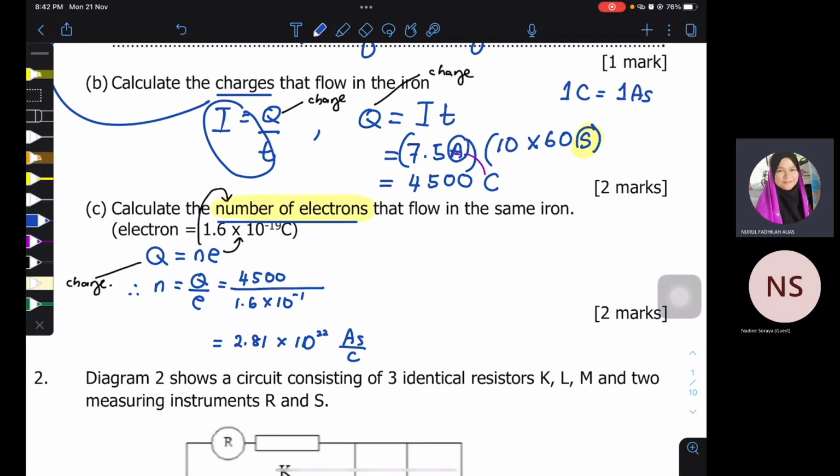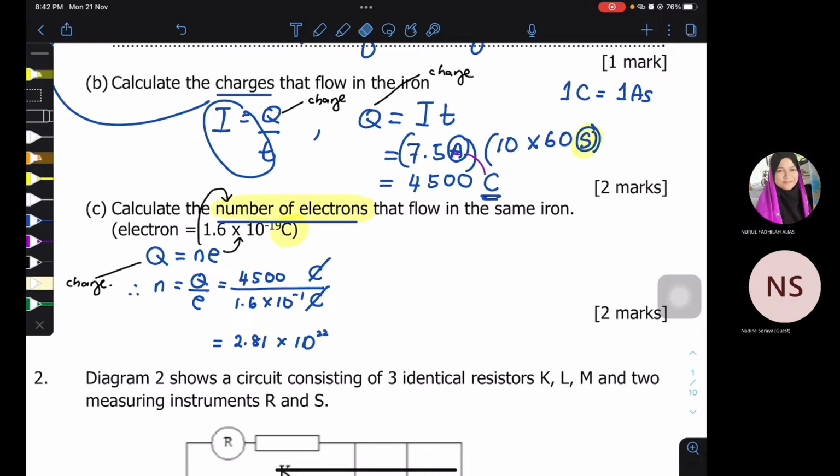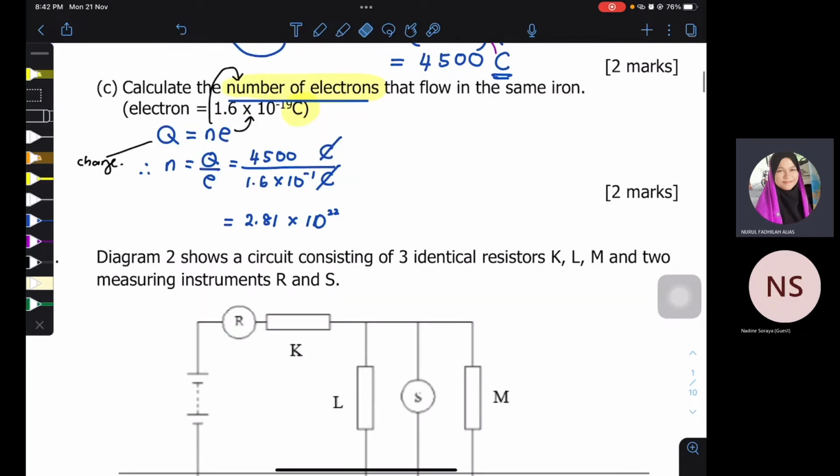So we can just write coulomb if you know. If you don't know, you can write A·s. Tapi kat sini kita tahulah coulomb. And given also dalam soalan, elektron ni unit dia coulomb. So coulomb and coulomb we can cancel out. So sebenarnya we don't need a unit sebab it's just a number. Okay, boleh. So we proceed to question number 2.